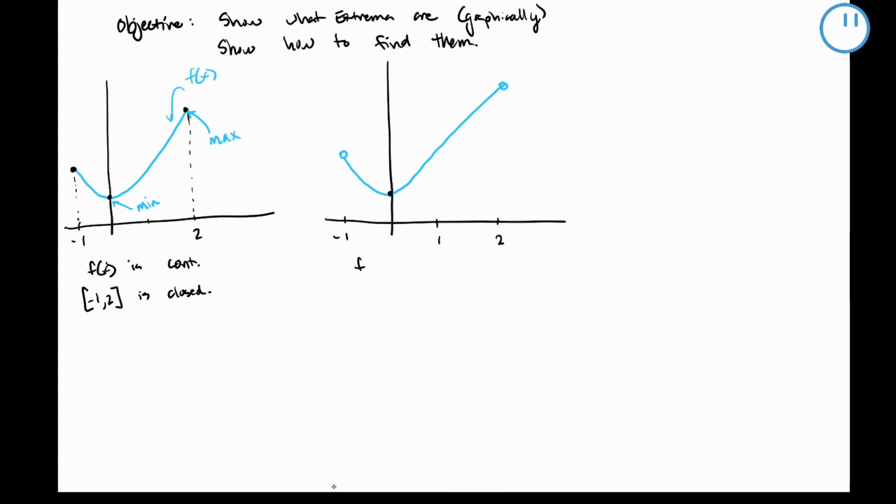And we're going to say that f of x is continuous in the open interval from -1 to 2. So this is an open interval. In this case, because these values are not defined, we cannot say that these are maximums or minimums. Here, we can say that this is a minimum, but this is not a maximum.